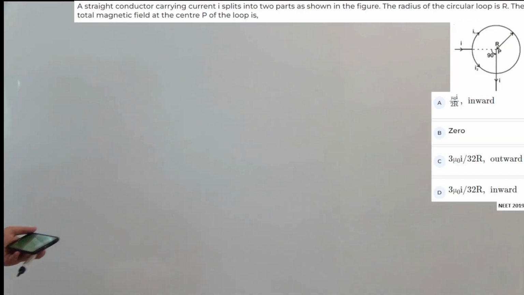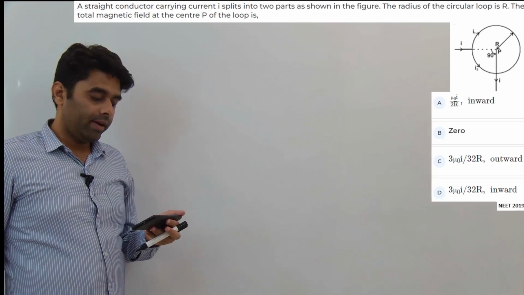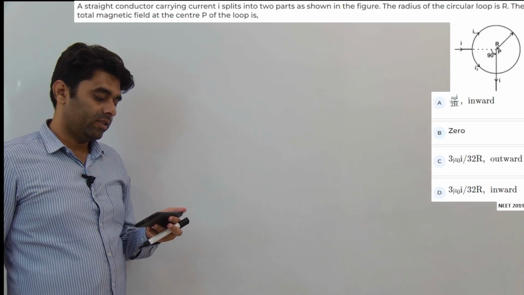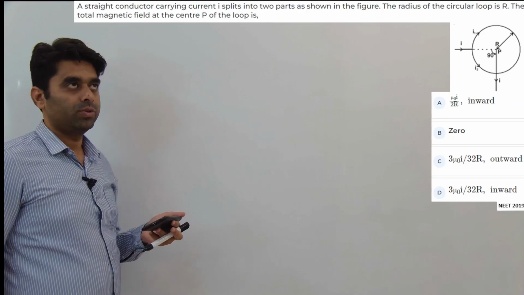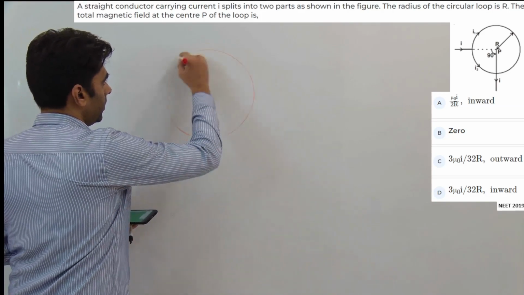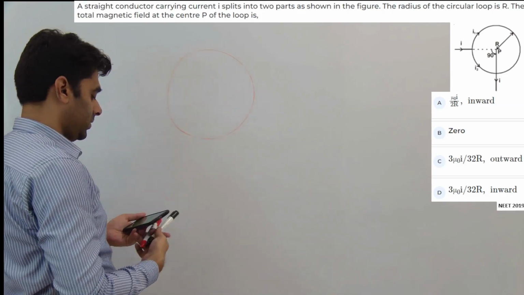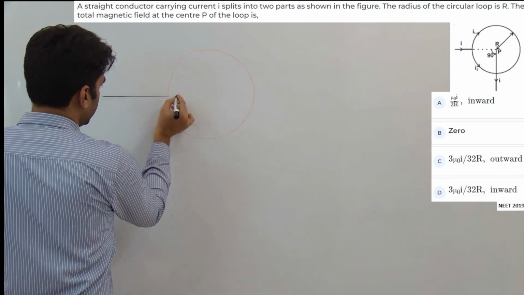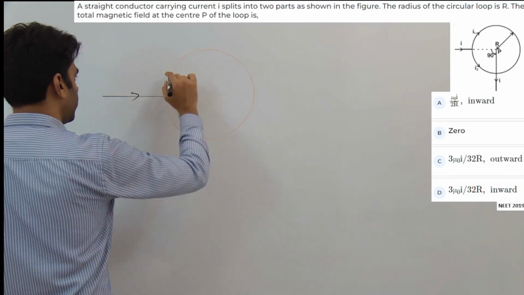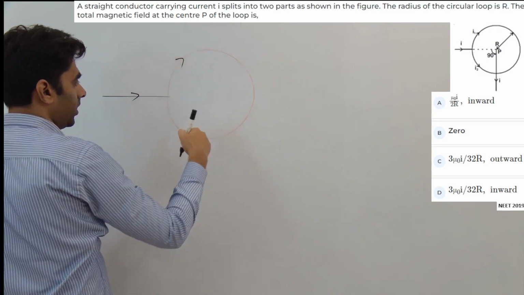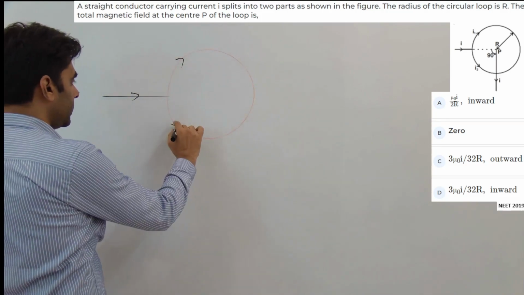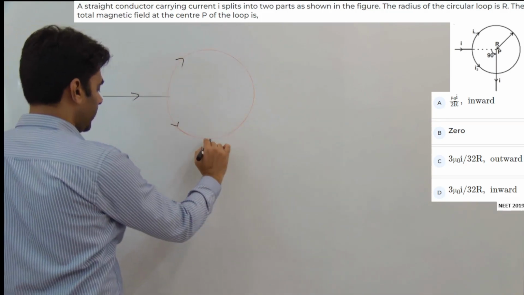Okay, next we have a straight conductor carrying current I that splits into two parts as shown in the figure. This is our circular part given to us. Over here, current is splitting at this point. Current moves over here as well as in this part, and then current comes out.